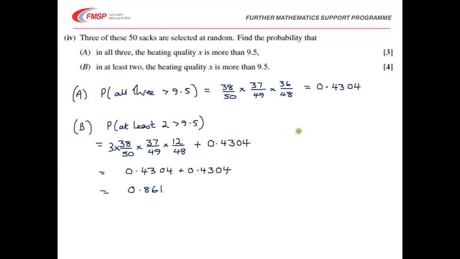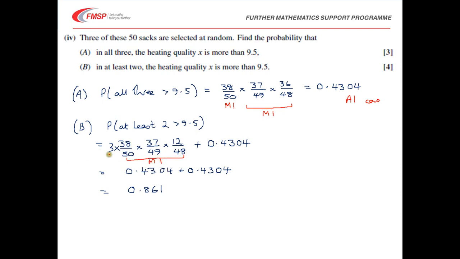For part 4, there is 1 method mark for getting 38/50ths multiplied by 2 other probabilities, and then there's another mark for those 2 probabilities being correct, and an accuracy mark for getting that absolutely right. And for part B, there's a method mark for 3 correct fractions.